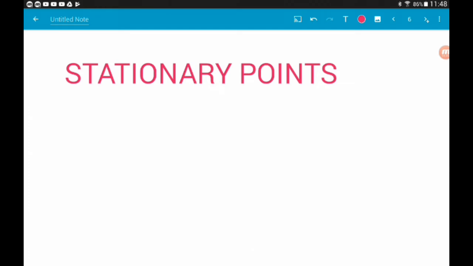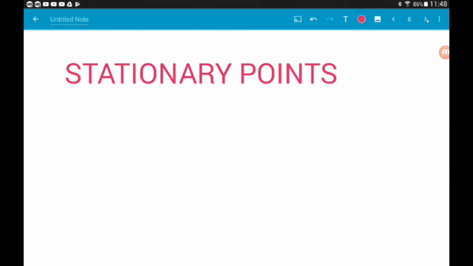Okay, so once we know how to find tangents and normals, we're then going to be looking at stationary points. Stationary points are points on a curve where the gradient is equal to 0. So now that we know how to differentiate, or we will do when we get here, when we know how to differentiate to find the gradient function, we can then set that equal to 0 and then solve to find the x values of any stationary points, which is really handy.